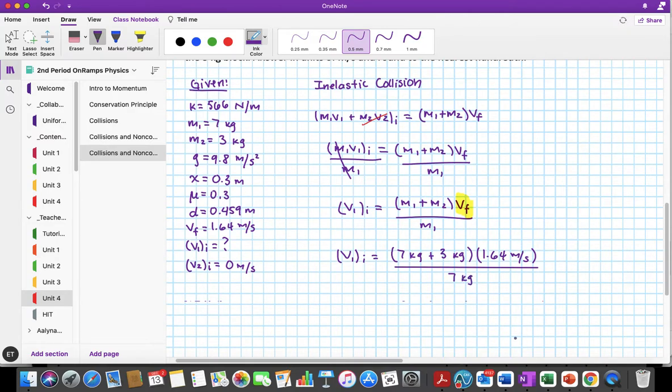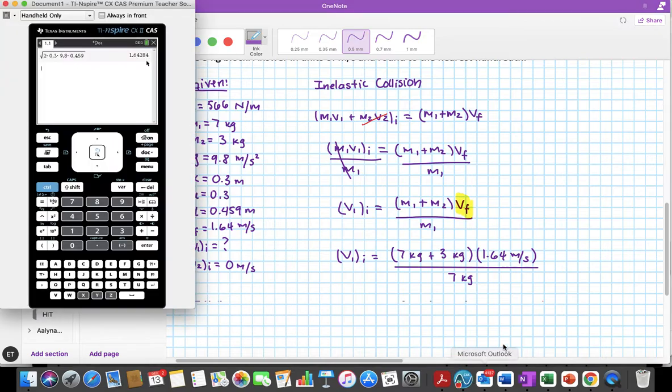Let's try that out. Although if I were doing my homework, I would keep the whole number, but I said round to the nearest hundredth, so I'm just going to pick 1.64.